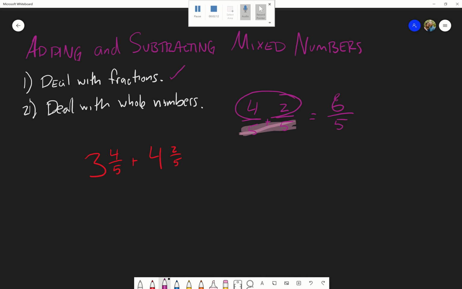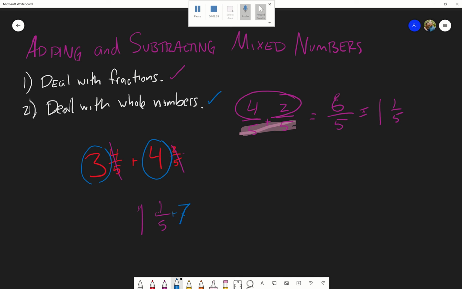So I get 6/5 as an answer, which, since we're dealing with mixed numbers, I want to write as a mixed number, 1 1/5. Now my next step, deal with whole numbers. 3 plus 4, well, that is 7.